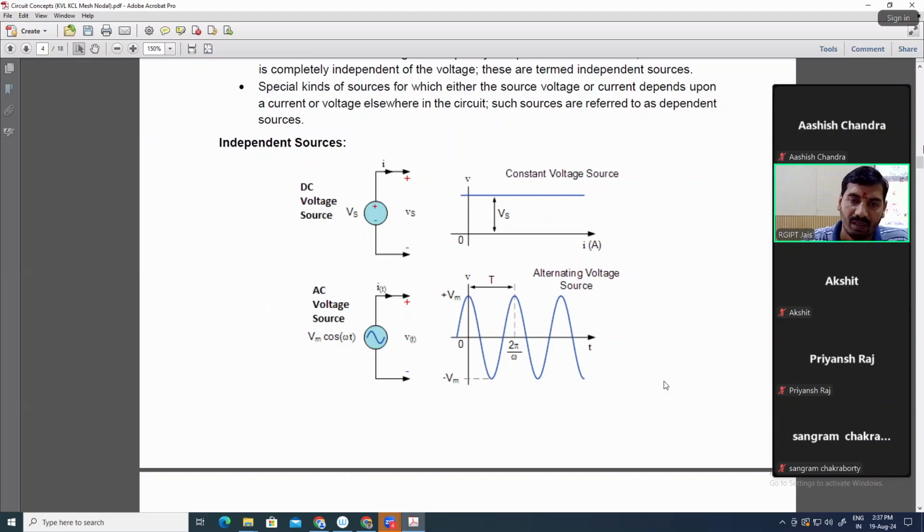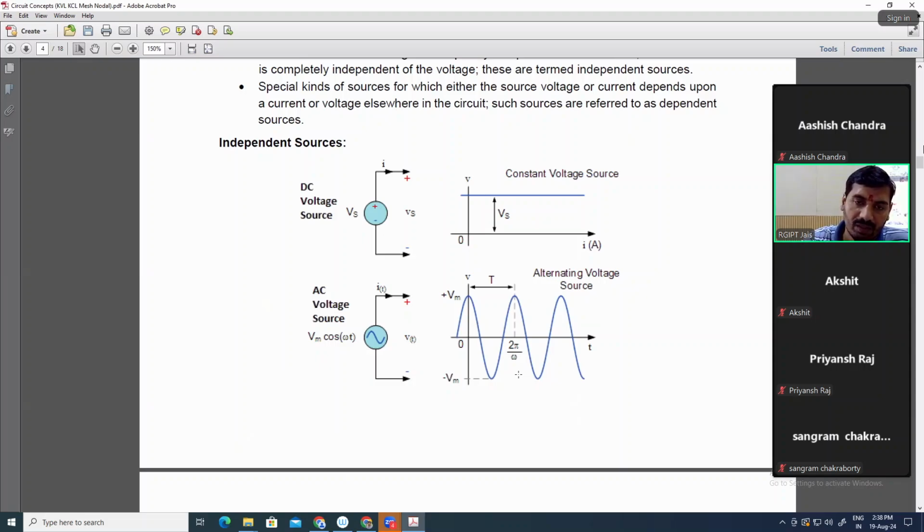The time period of it will be 2 pi, and you know that omega is 2 pi f, so frequency can be calculated as omega upon 2 pi, or time period can be calculated as 2 pi upon omega, because we know that the relationship between frequency and time period is reciprocal.